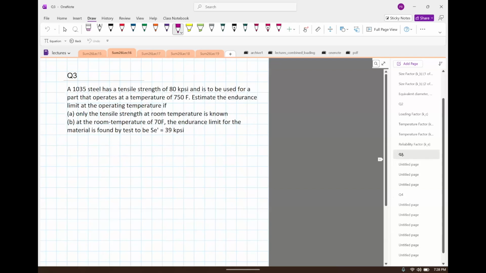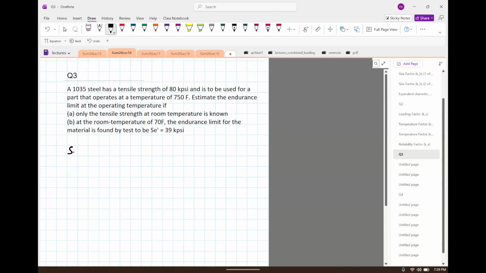So here is a problem on just temperature effect. Say 1035 steel has a tensile strength of 80 kpsi.